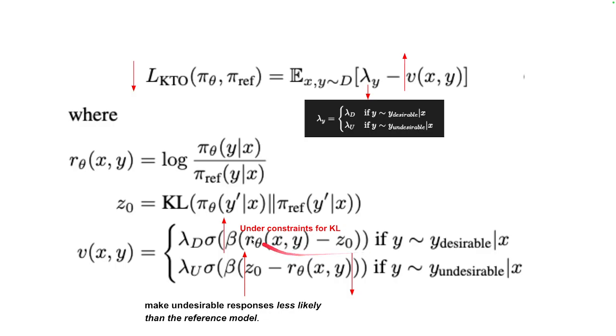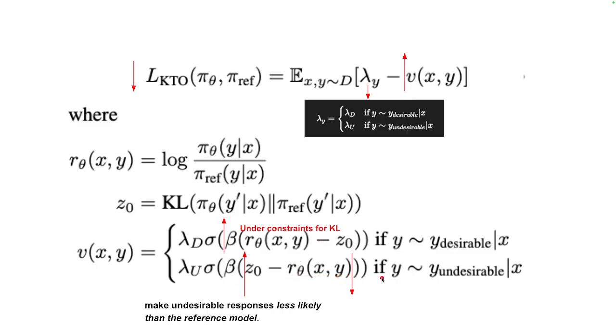Now, as I said, we want to reduce the loss and increase the value function. To increase the value function for a desirable output, you need to increase this reward. This reward is basically the DPO log ratio that you have seen earlier. You need to increase the reward under the constraint of KL. This makes sense: you increase the reward, but you do not stray too far from your reference model.